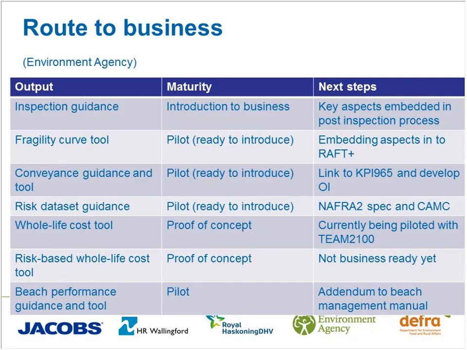The Whole Life Cost tool, as John indicated, is slightly more complex. Again, it will be freely available, but it's probably more in this proof of concept category. It's currently being used by the team working on Thames Estuary 2100 within that asset management programme, so it's currently being piloted there.